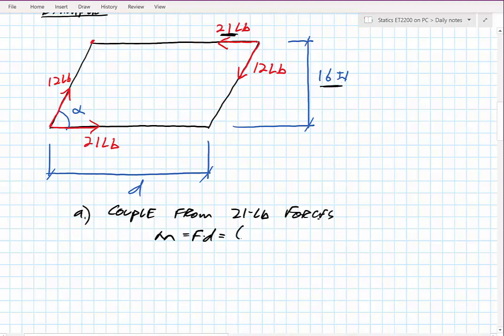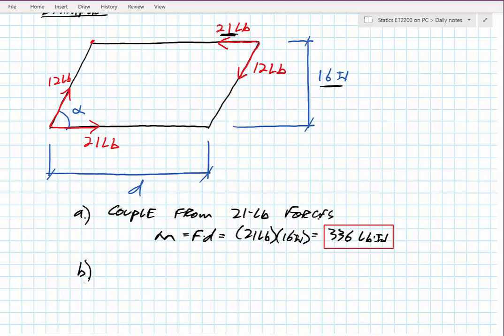So it's just 21 pounds times 16 inches, giving me 336 pound-inches, or inch-pounds, either way. For part B, let's see if we can find the perpendicular distance between the 12-pound forces if we want a resultant couple of 0.